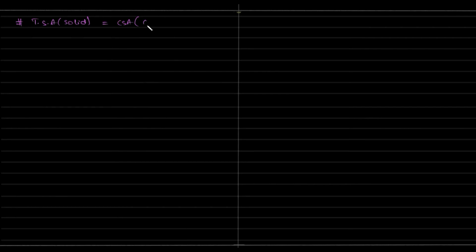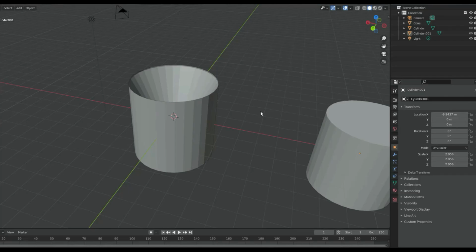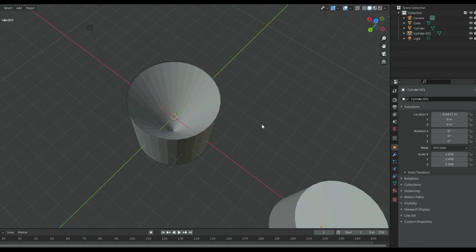So curved surface area of the cylinder, whose height is 24 by 10 and radius is 7 by 10. Plus, what else is left out? Plus, you have the cone, right? We have the cone.